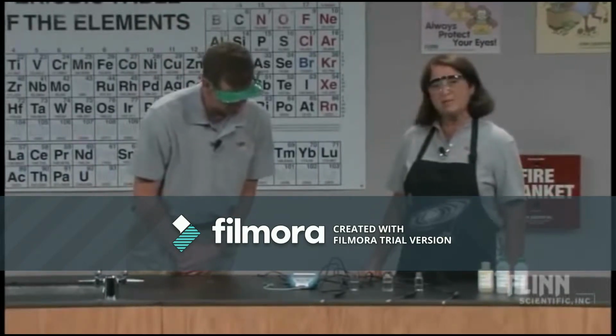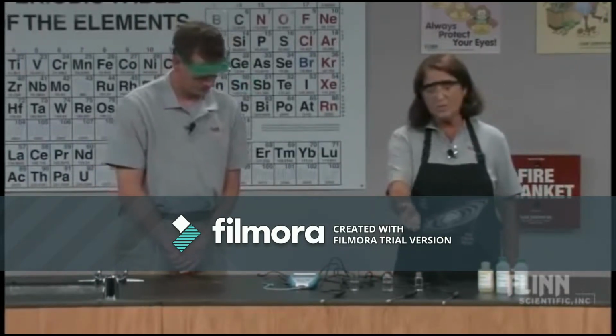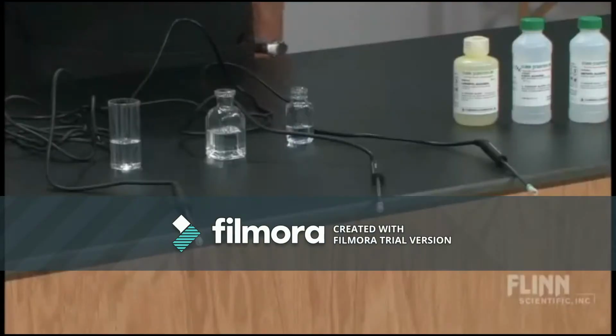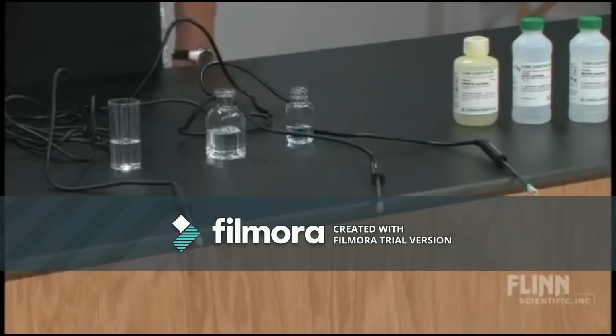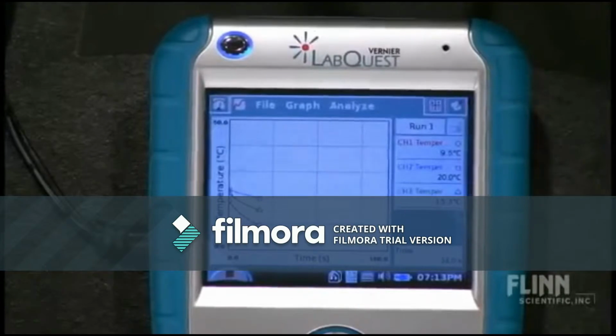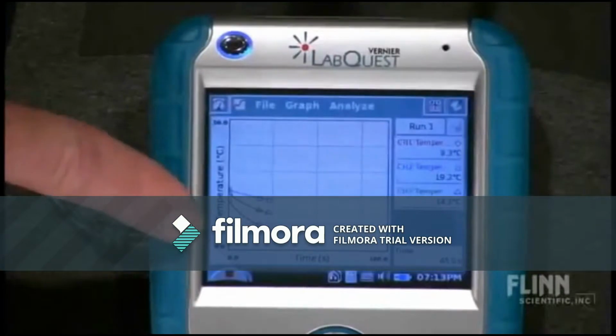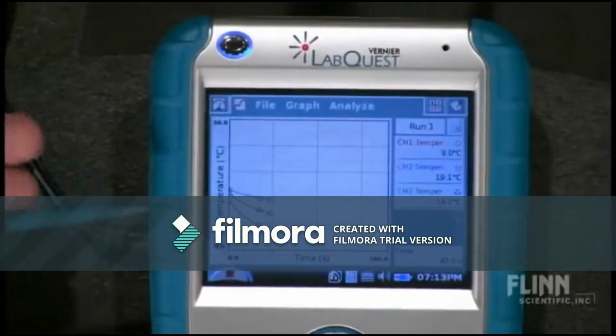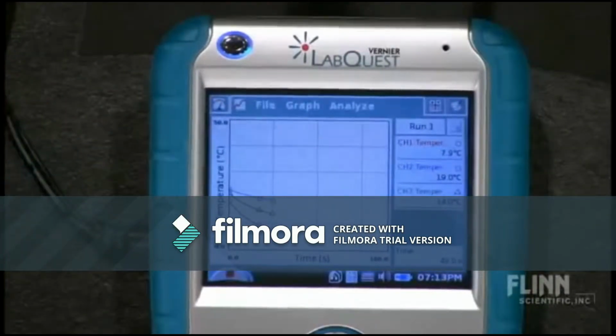And as these data points are being collected, as the temperatures are being registered at the probes, the LabQuest is going to go ahead and start a graph of the changes in the temperature. You can see that time is on our x-axis, changes in temperature. The temperature readings are going to be along our y-axis. And so the graph is being created as the changes occur.